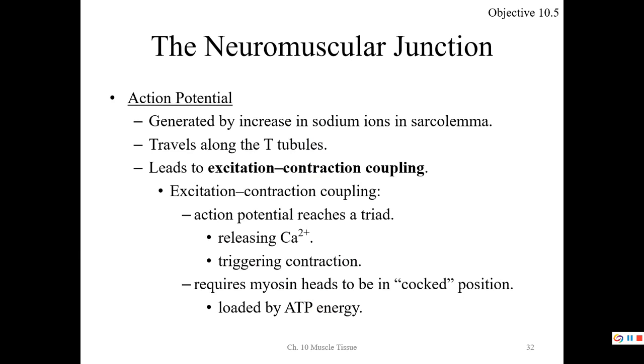If you've ever shot a double-action revolver, you have that really long trigger pull. If you pull the hammer back and go into single action, you have a short, crisp trigger pull, where it's easier to pull the trigger. Imagine pulling the hammer back and then the short trigger pull that you have. This requires our myosin heads to be cocked and loaded with ATP. And we're going to see how this happens in the next lecture.